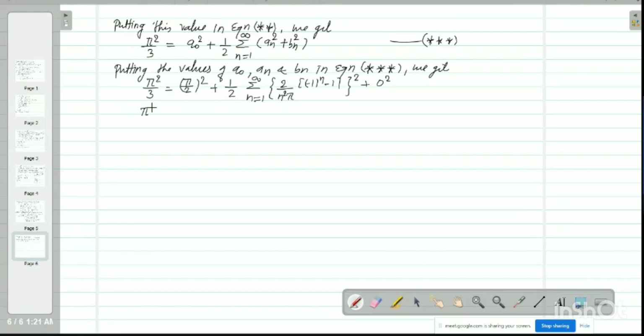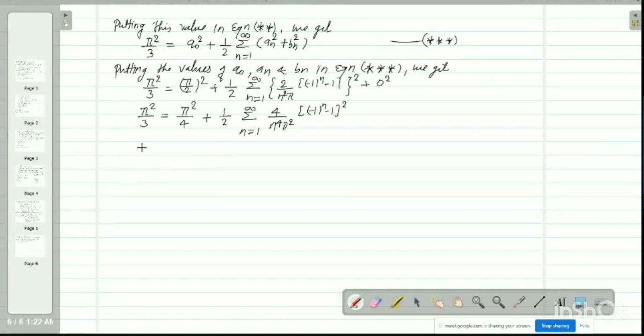So therefore pi square by 3 is equal to pi square by 4, plus 1 by 2 summation running 1 to infinity of 4 raised to n square pi square, and minus 1 raised to n minus 1 whole square.